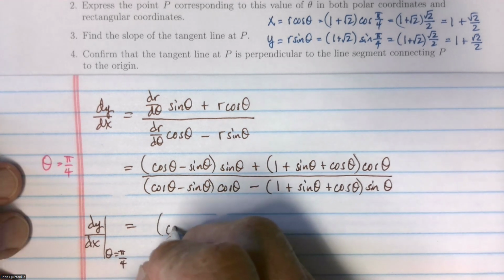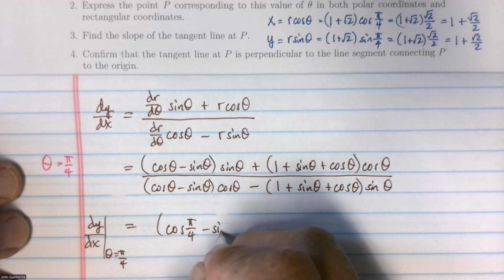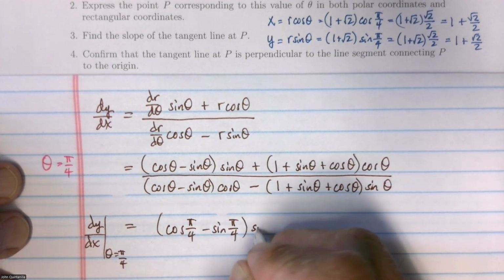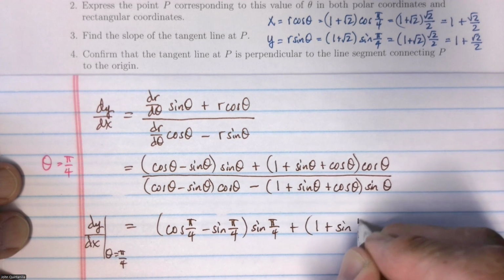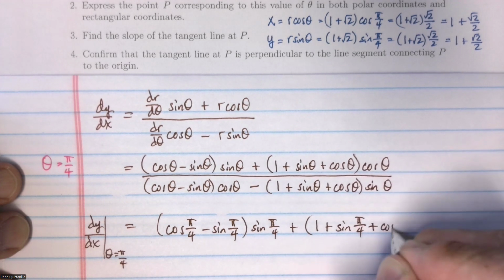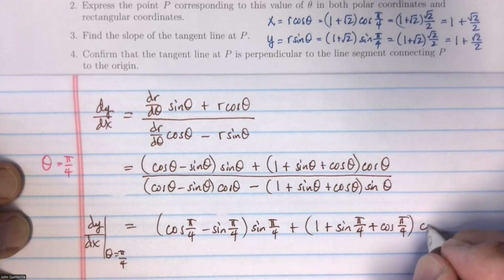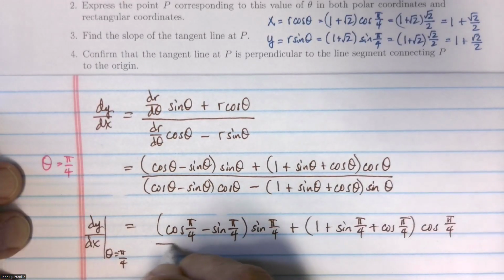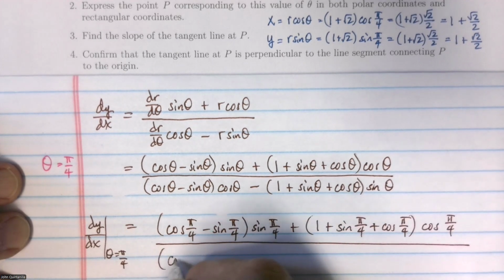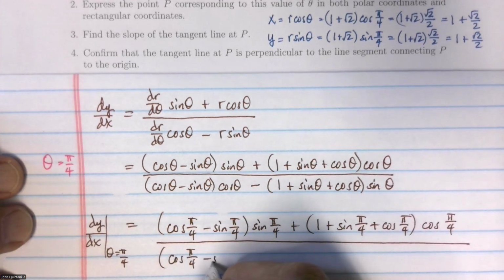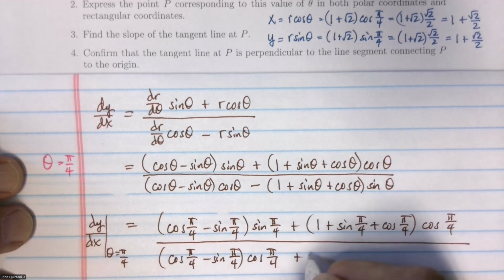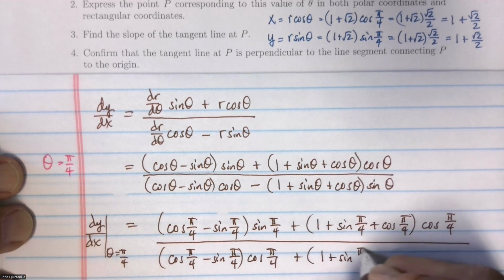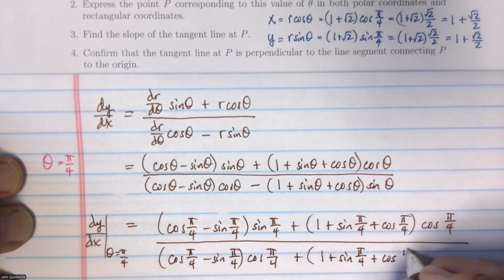So I would get cosine π/4 minus sine π/4 times sine π/4 plus 1 plus sine π/4 plus cosine π/4 times the cosine of π/4, all over cosine π/4 minus sine π/4 times the cosine of π/4 plus 1 plus the sine of π/4 plus the cosine of π/4 times sine of π/4.